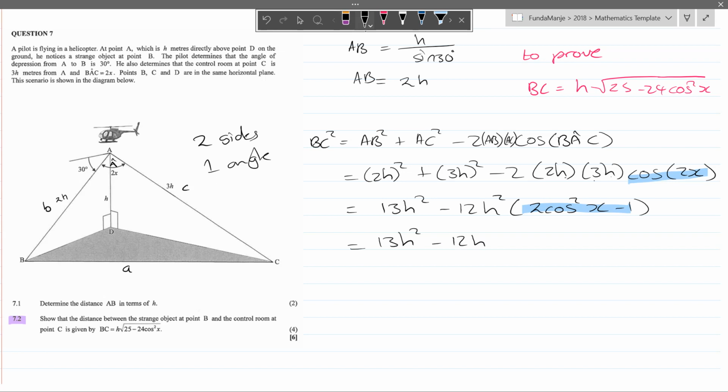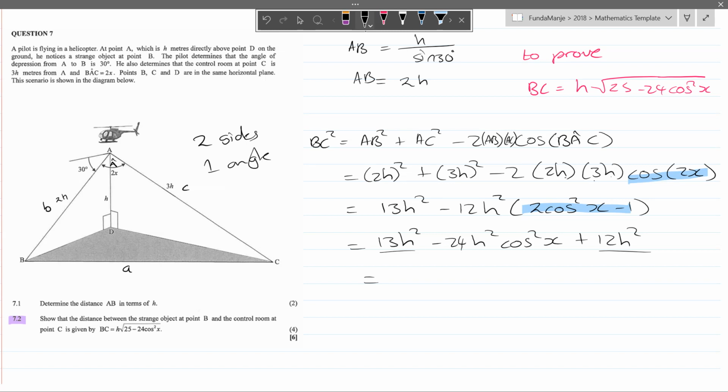That'll give us minus 12h squared multiplied by 2. So minus 12 times 2, that's minus 24. So that's minus 24h squared cos squared x. Gets a little messy. Plus, since minus times minus gives us positive, 12h squared, like that. Then these ones are like terms.